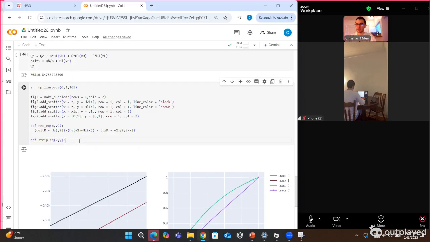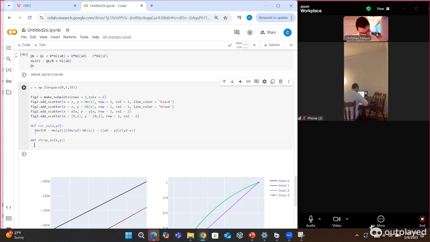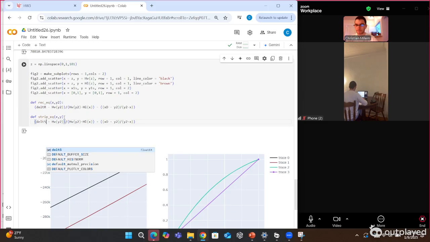All right, same thing for this. So I'll copy and paste this. We'll have to tweak it though. So this is going to be delta S. This will be HL at just X divided by HL at X again, and then HV at Y2.